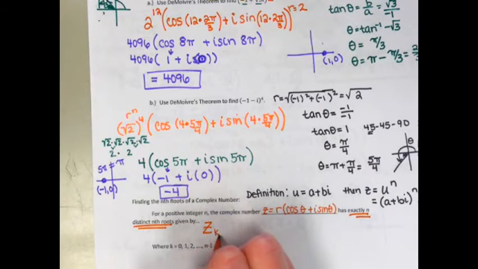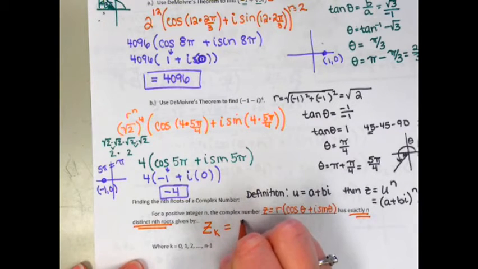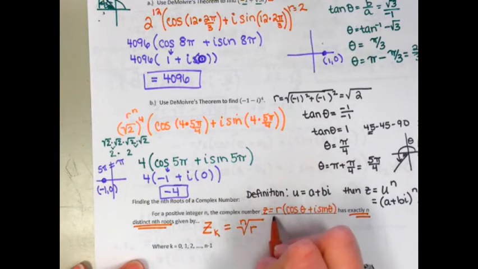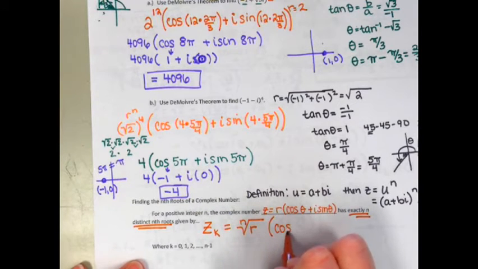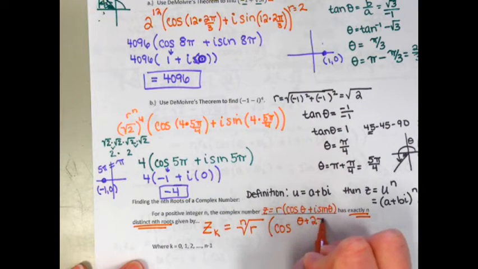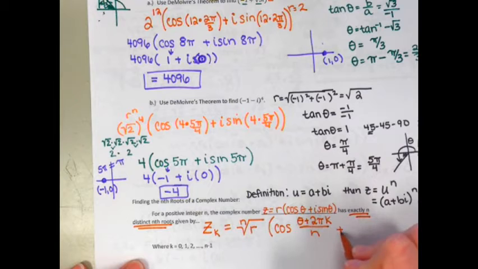They are given by z sub k, whichever root we're trying to find, it could be the 1, the 2, the 3, the 4, whatever, equal to the nth root of r, times the cosine of theta plus 2 pi k over n, plus I sine of theta plus 2 pi k over n.